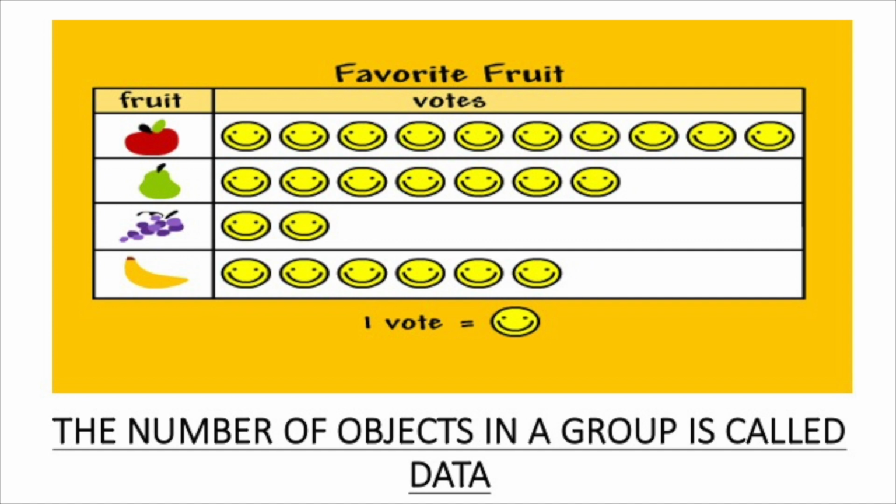How many people like apples? 10. Excellent. And how many for pears, guys? 1, 2, 3, 4, 5, 6, 7. And how many for grapes? 2. Only 2 for grapes. Ah, poor grapes. And bananas? 6. Excellent. So make sure we always have to look at our key before we do our counting.